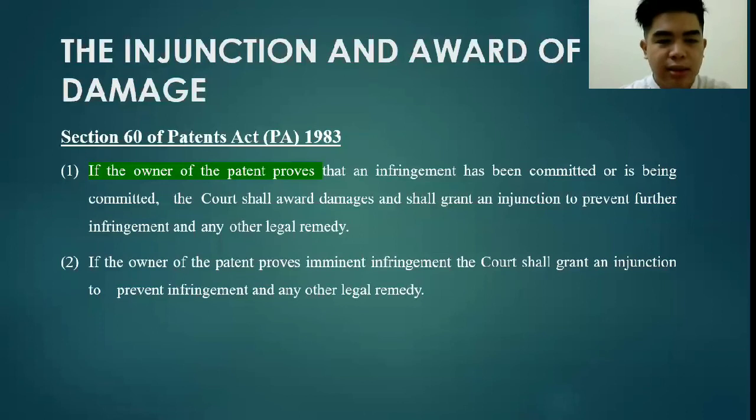Subsection 2 also states that if the owner of the patent proves imminent infringement, the court shall also grant an injunction to prevent infringement and any other legal remedies.